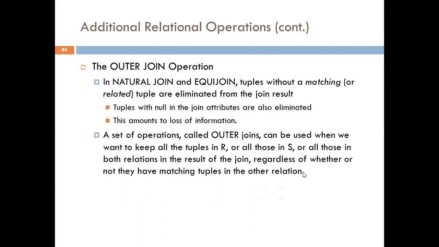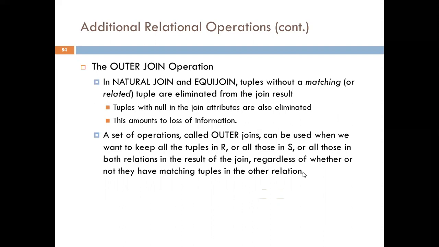Then we studied the join operation, where after applying the Cartesian product we apply some join condition, and only those tuples which match or satisfy the condition will be in the result. Such joins include natural join and equijoins.